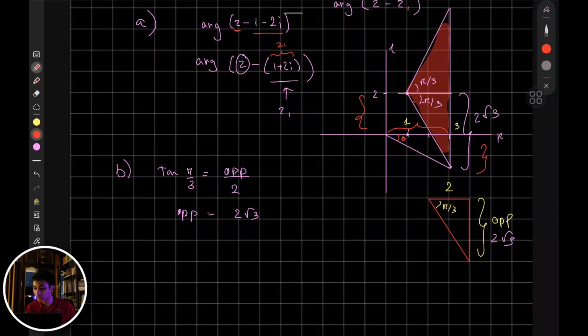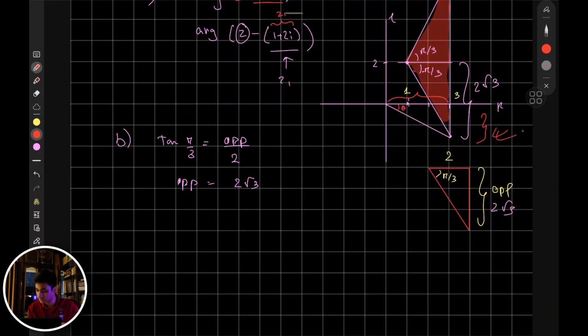You know this part, which is 2. So you subtract 2 from 2 root 3 and get this. So let's call this x. So x is equal to 2 root 3 minus 2.